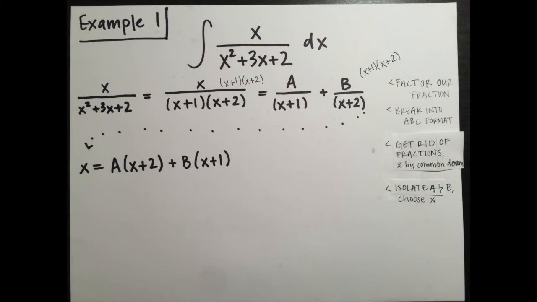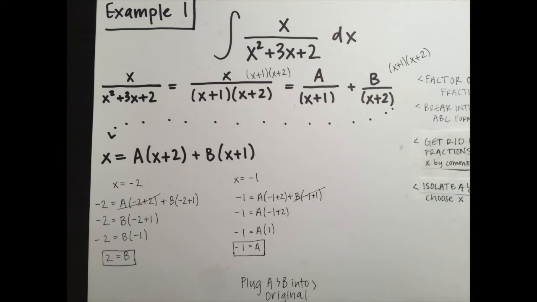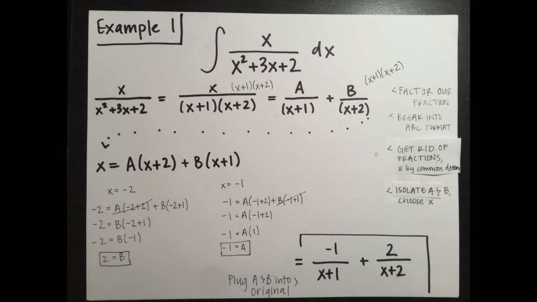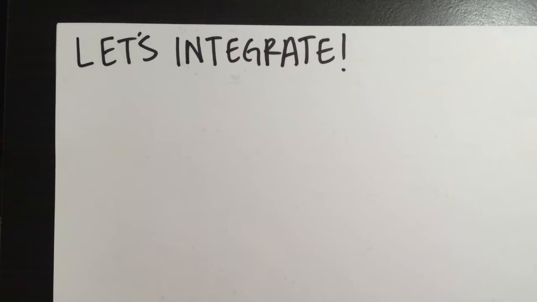So in this case, I'm going to choose x equals negative 2 and x equals negative 1. Take a look at the algebra here and feel free to pause to figure out how I solved for both A and B. After this, we're going to plug our A's and B's back into the original function that we had the A's and B's in at the top, and we will integrate.